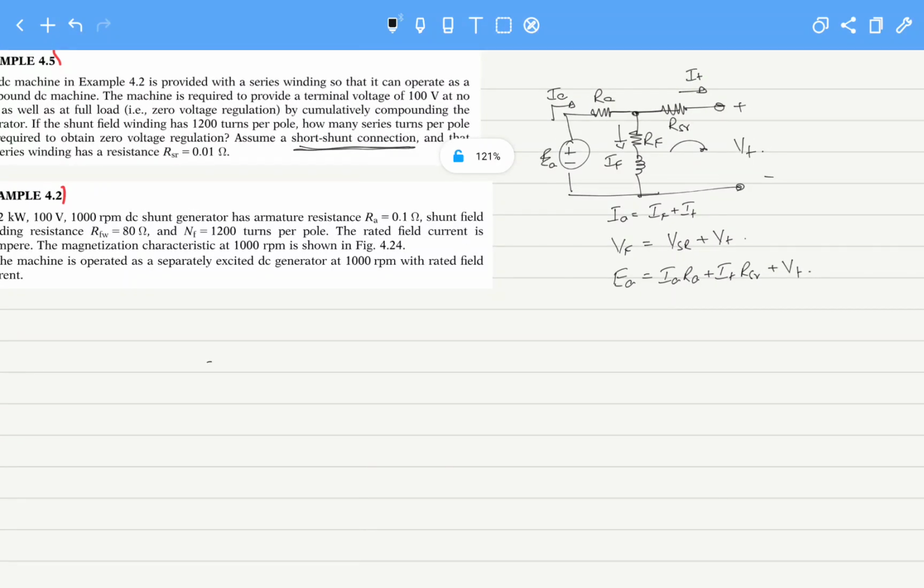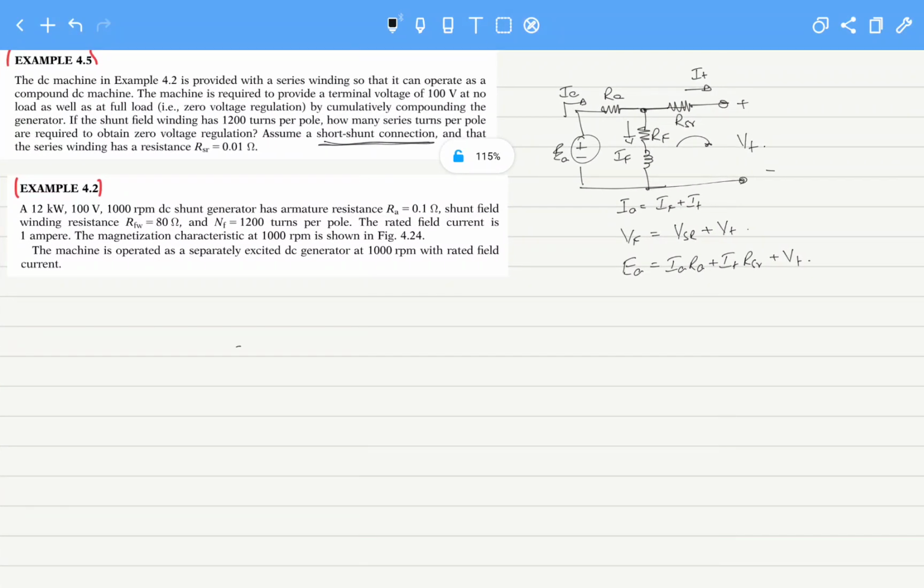Now let's see what we are given and what is being required. He has given us the series winding resistance, and he has also given us that the voltage is required to be 100 volts at no load as well as at full load. So the series winding effect should make sure that 100 volts also exists at full load.